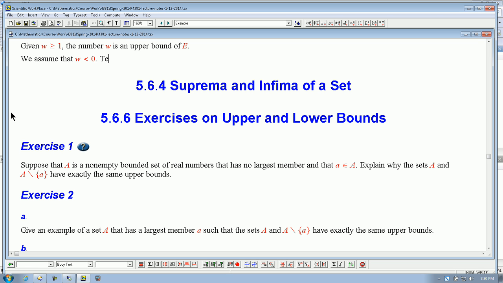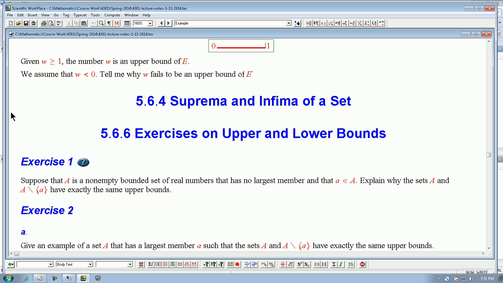Tell me why W fails to be an upper bound of E. Here's the picture again. Given you a number that is negative, less than 0. Tell me why this number must fail to be an upper bound of E. Okay? I'm going to give somebody else a turn.